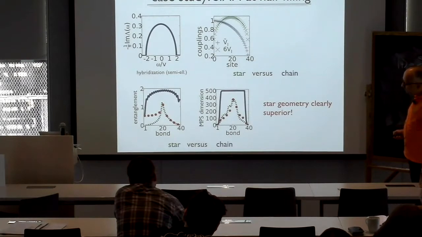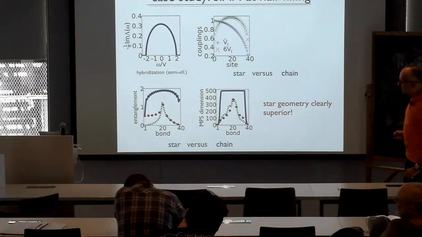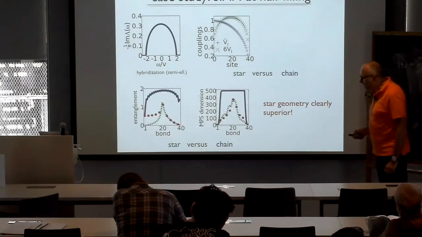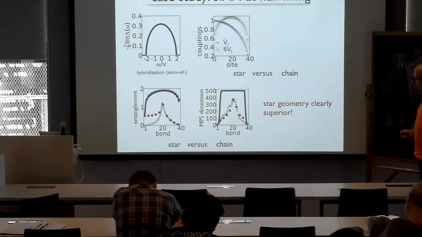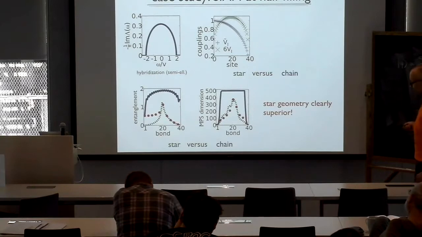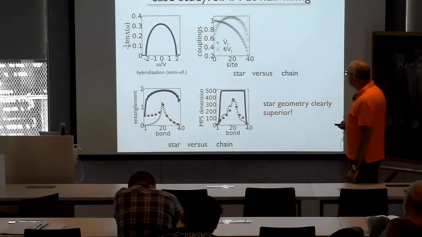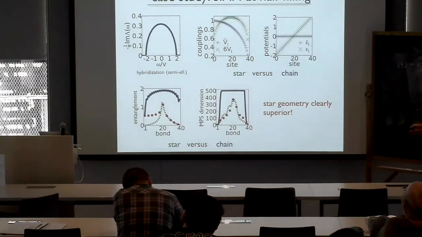And you see there's a huge factor in between here, which translates into a huge difference in the dimension of the matrix product states. And as calculations scale as the third power of this dimension, the computational gain by going from here to the green curve is absolutely enormous. And the reason behind that is actually relatively simple, because what you have to look at is not the couplings, but you have to look at the potentials.